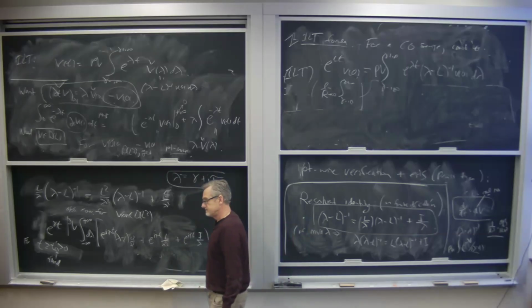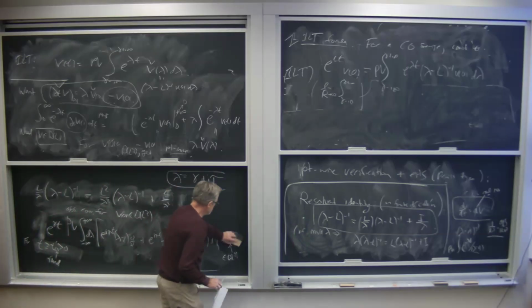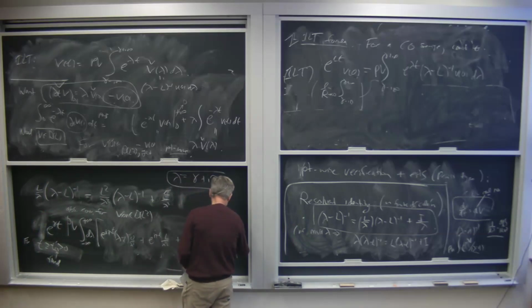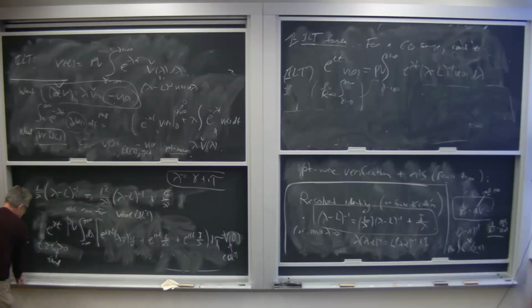But U and V is the same? Sorry, this is V. Yeah, V of 0. So you had a formula upstairs, and you replaced lambda minus L by using twice this trick. Nice trick. And that allowed you to transform it there.